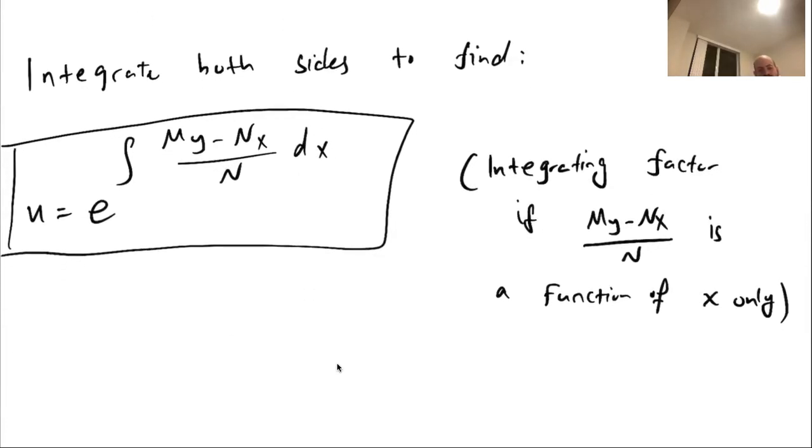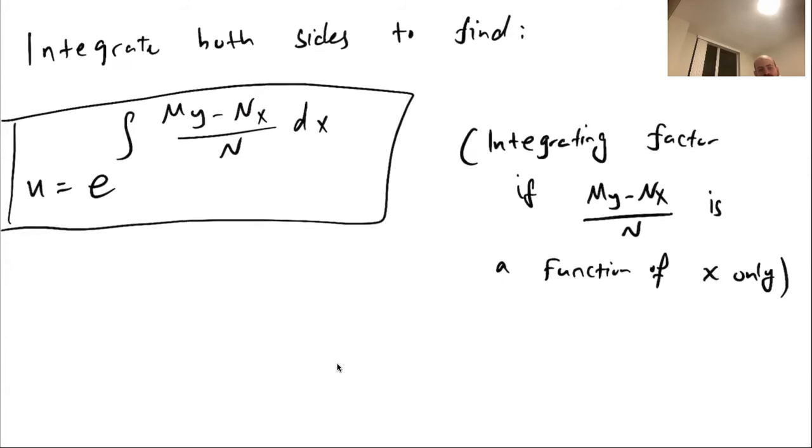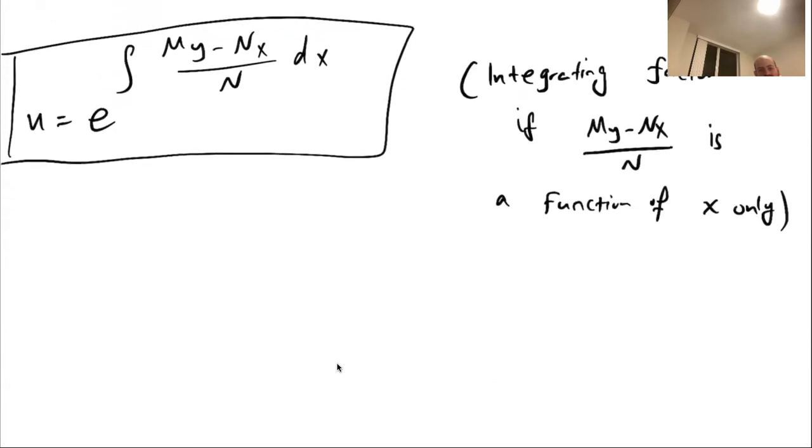So this is one possibility. Another possibility is that u is a function of y only.